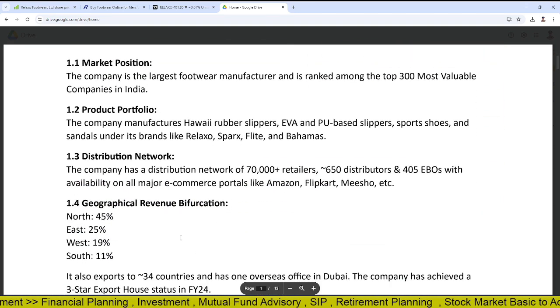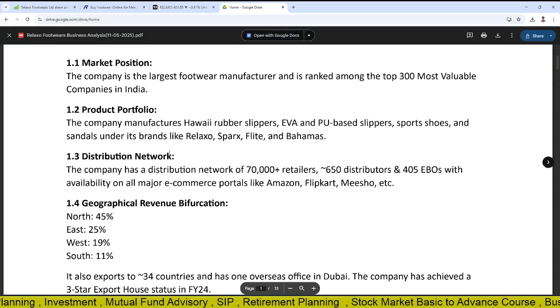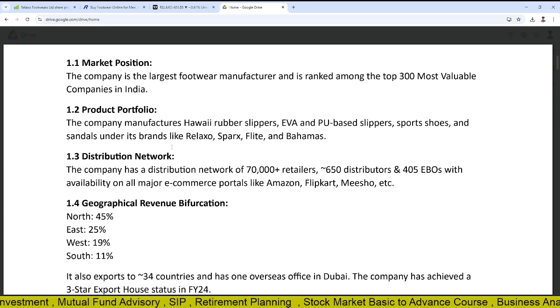What about the market position of the company? The company is the largest footwear manufacturer and is ranked among the top 300 most valuable companies in India. In its product portfolio, the company manufactures Hawaii rubber slippers, EVA and PU based slippers, sports shoes and sandals under brands like Relaxo, Sparks, Flite and Bahamas.